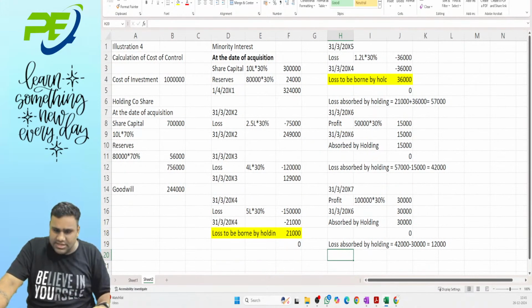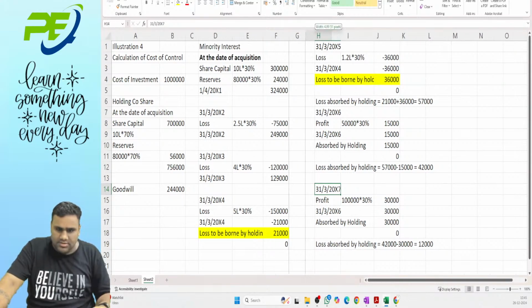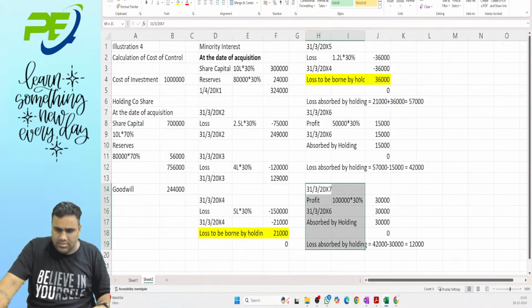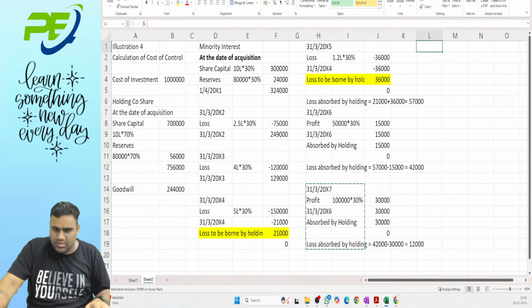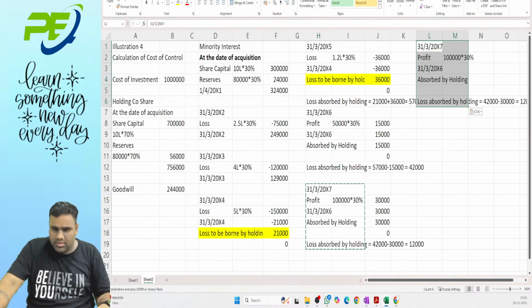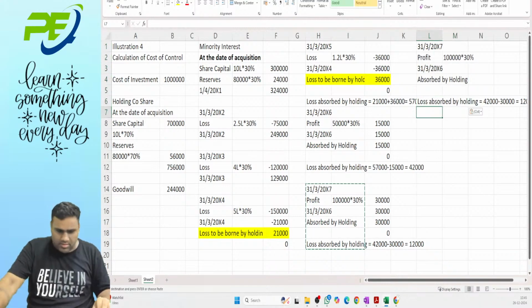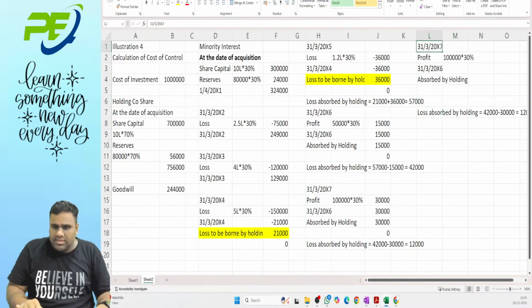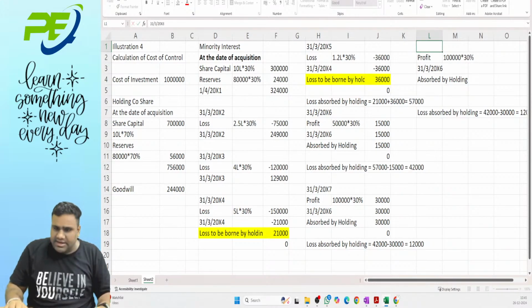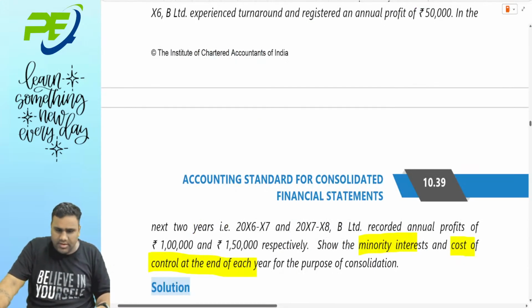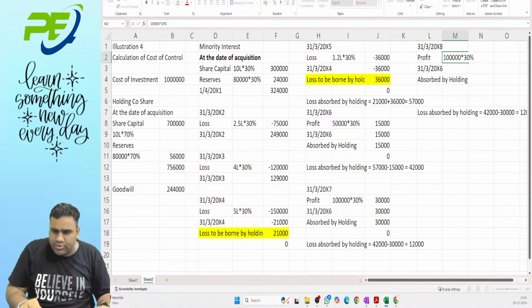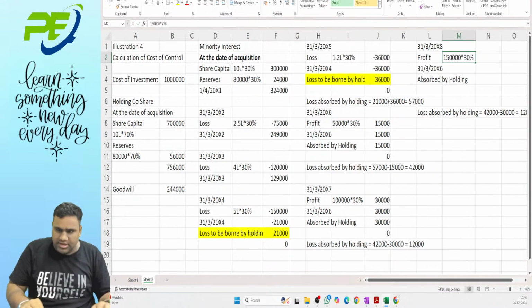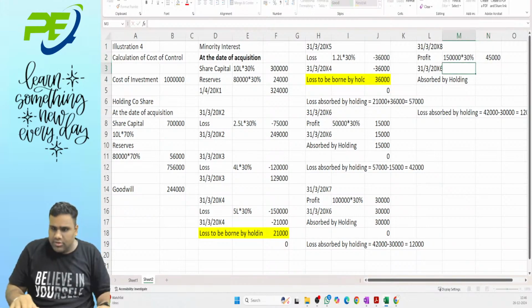Now the last year. 31st March 20x8 profit, 1 lakh 50,000 into 30%, 45,000. So the opening balance is zero, 45,000.